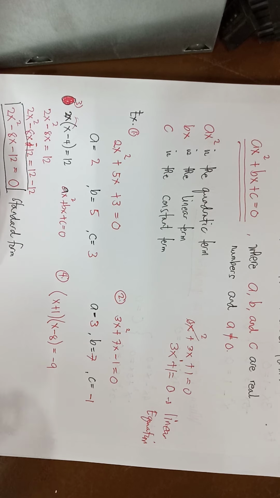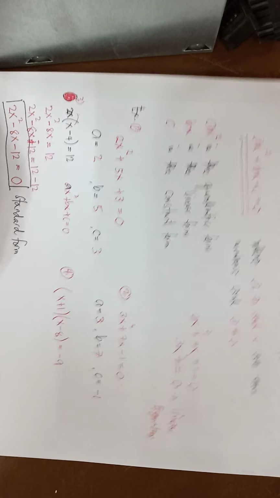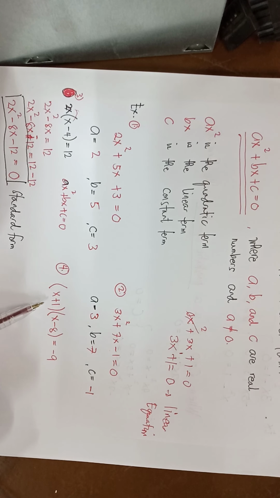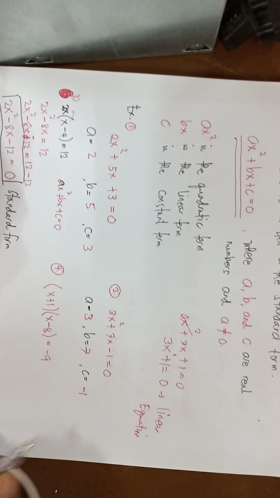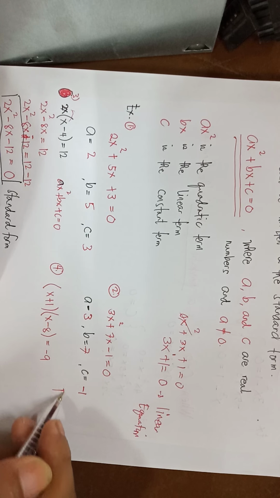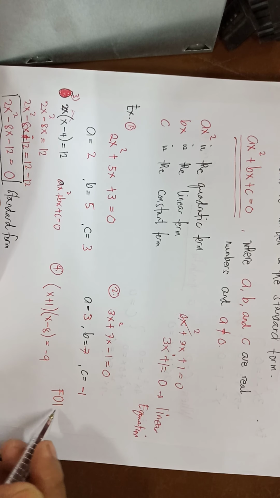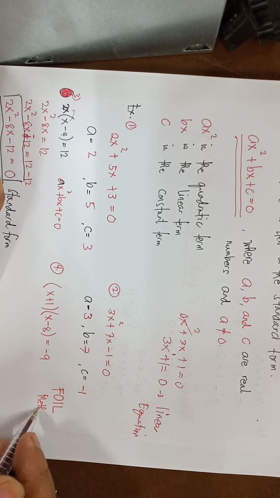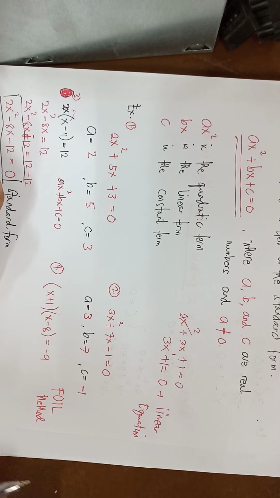So during your grade 8 time, we discussed how to multiply two binomials. What we are going to use in multiplying two binomials is the FOIL method. F stands for the first terms, multiplying the first terms.